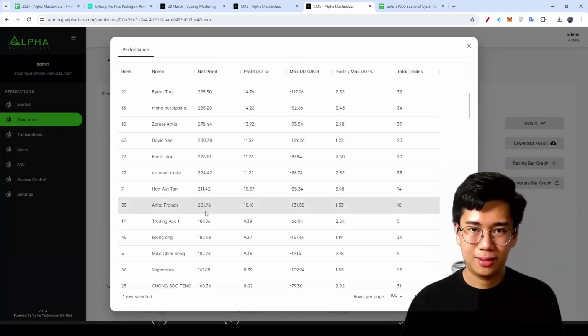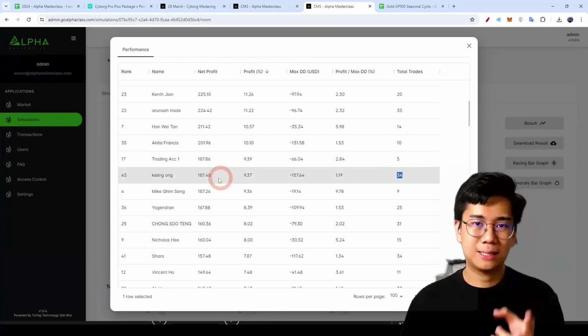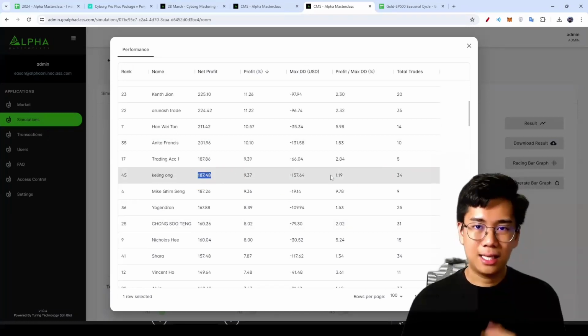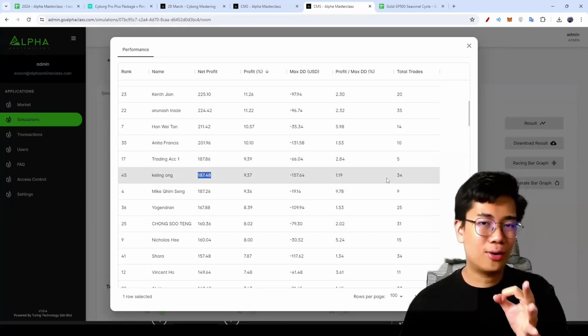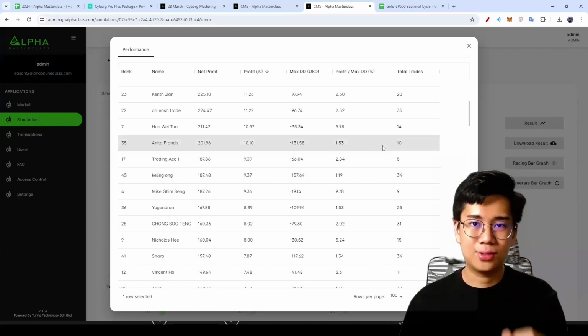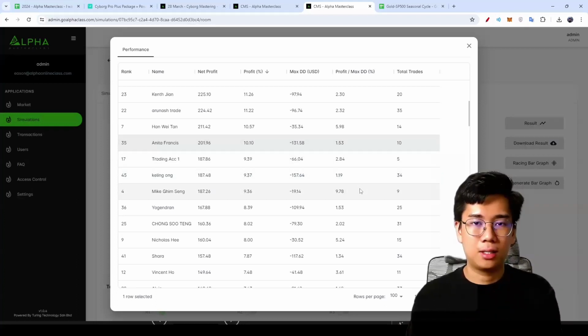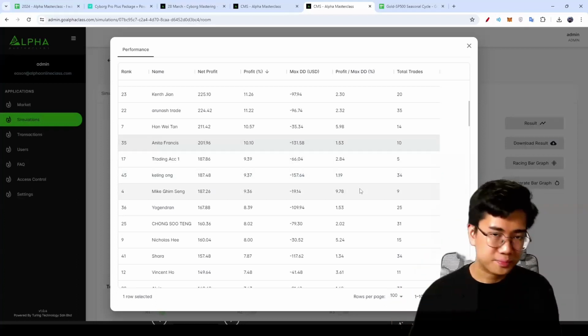Compared to Killing, 34 trades just made 184. Killing is 3 times more hardworking than Anita, but the result is just about the same. Can you guys start to get something?